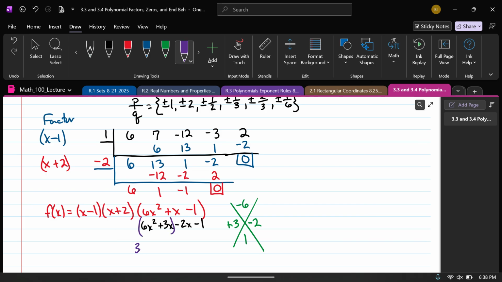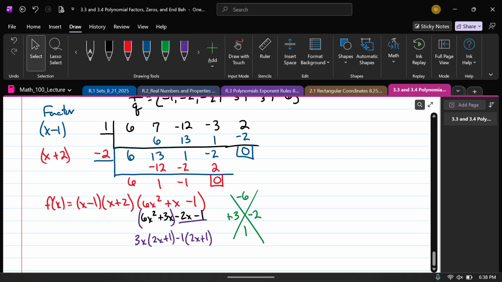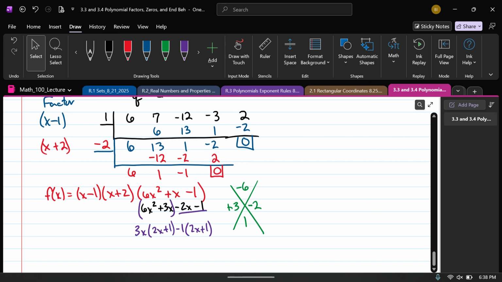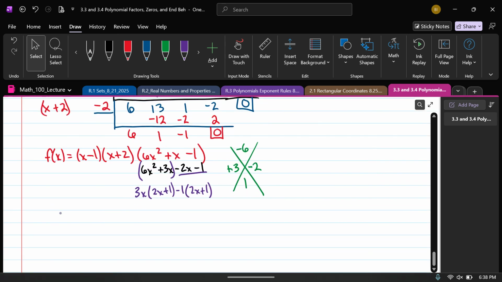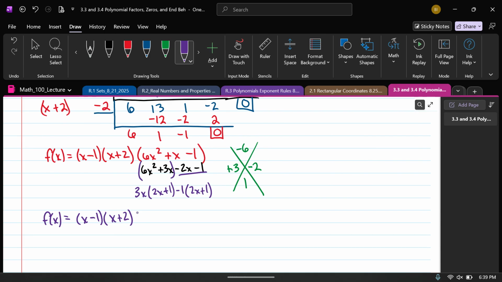So that's going to be 3x, be 2x plus 1. And then out of the next group, I'm going to pull out a negative 1. So my factored form for that polynomial is x minus 1, x plus 2, 2x plus 1, 3x minus 1. There's my factored form.